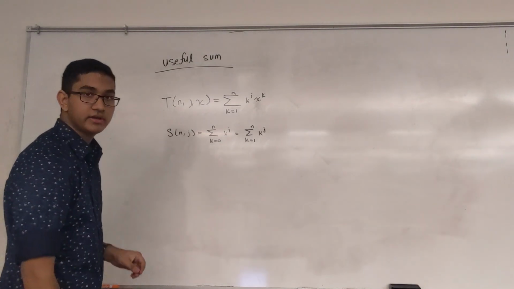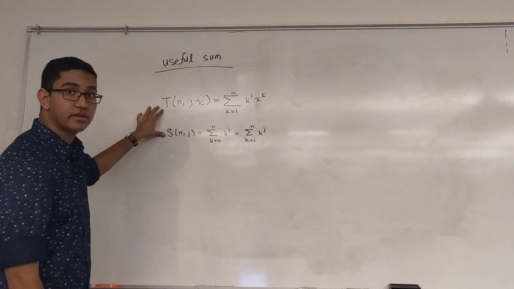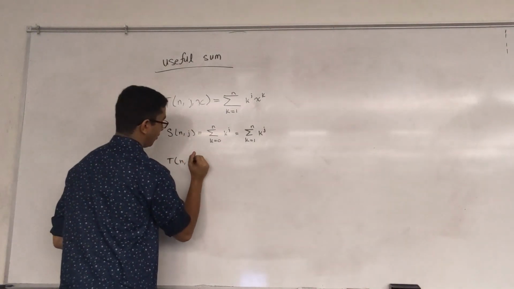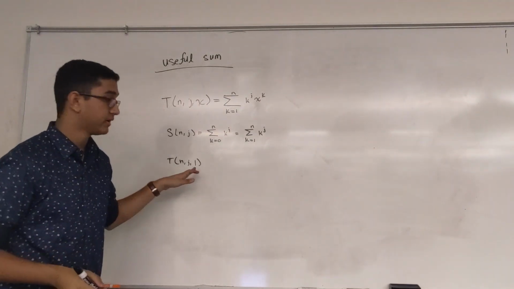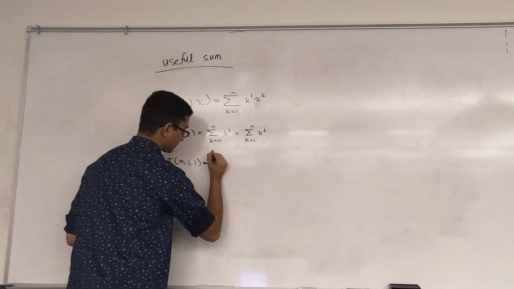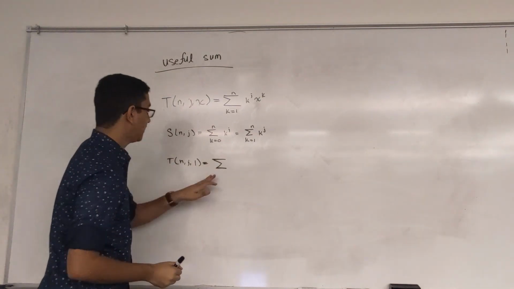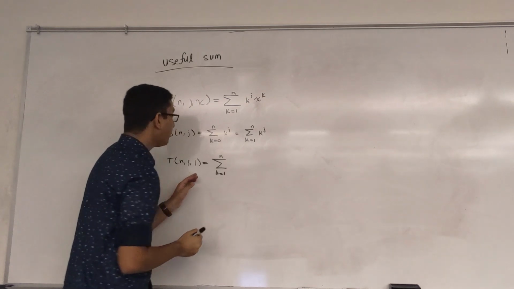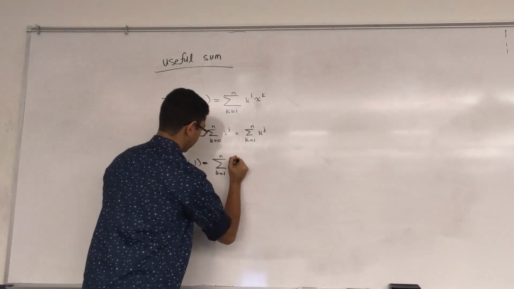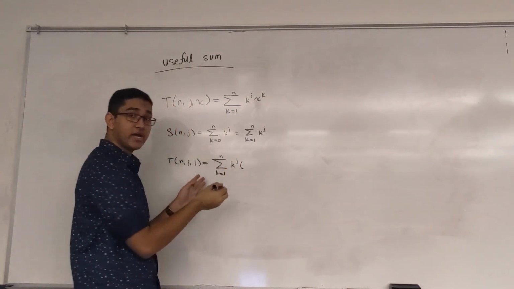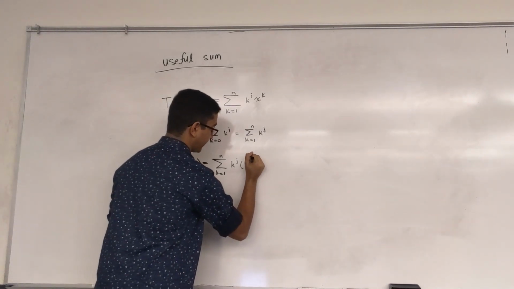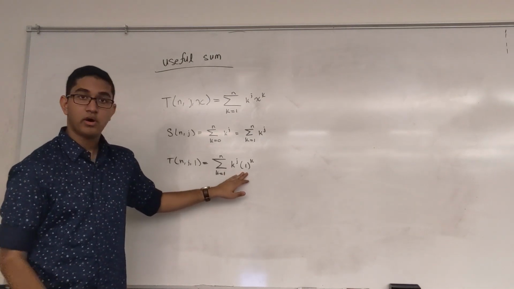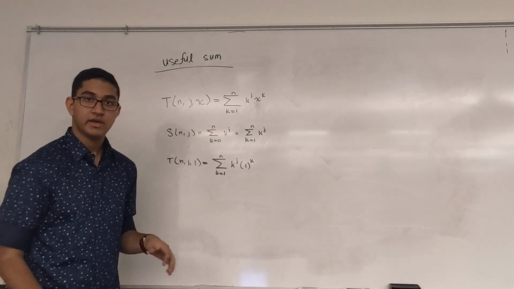So now I want to take this formula and show you how you can relate it to this formula here. So if I do T of n, j, 1, where x is 1, we're holding x steady at 1, and then we sum from k equal to 1 to n. Well, now we're going to get k to the j, like we expect. But then we have our x value being 1, which is raised to the k. And for any finite value k, 1 raised to that k is going to just be 1.